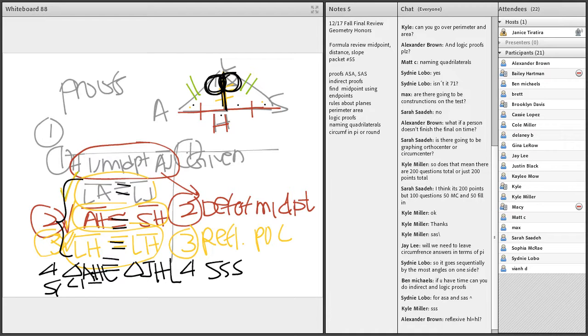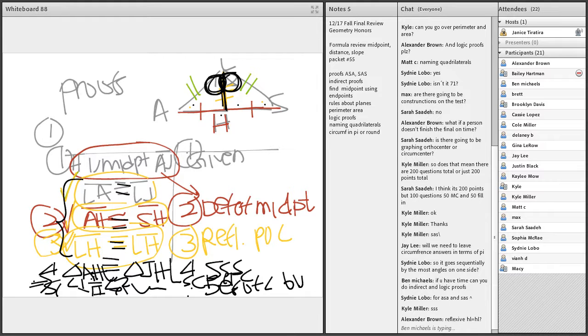So number 5, I have to choose super wisely. Number 5 is pretty important, and that's CPCTC, corresponding parts of congruent triangles are congruent. And then I can finally say LH bisects, and that's definition of angle bisector.